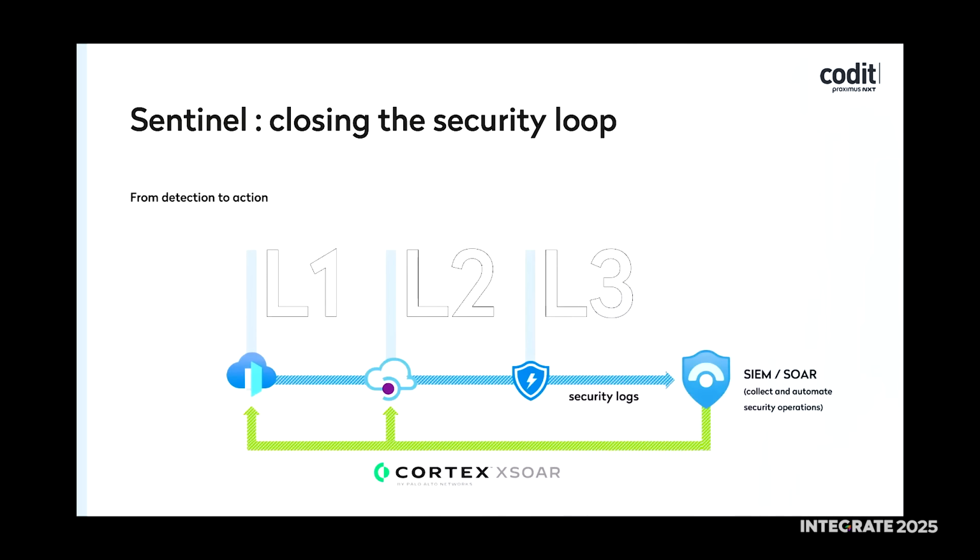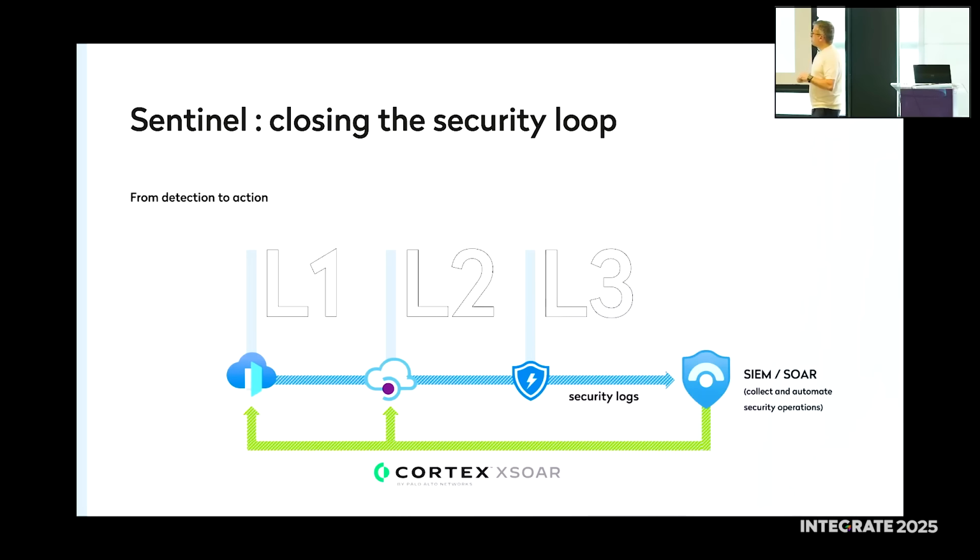Okay, let's put those three levels all together. That's the first picture: Front Door, API management, security logs to Sentinel or whatever SOAR and SIEM that you are using. And then we want, at Contoso Online, to close the security loop and use the best tool you want to automate the security feedback back into your defense setup.